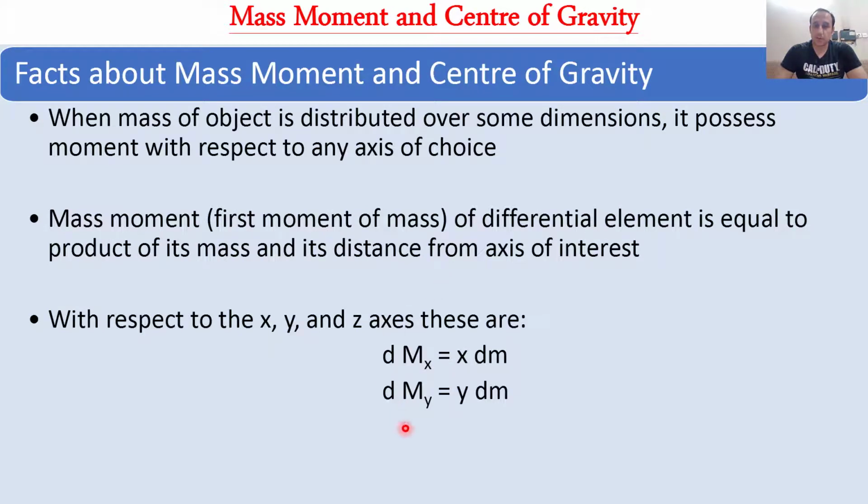If we talk about the y-axis, we take the distance along the y-axis and multiply it with the differential mass. For the mass moment along the z-axis, we multiply the distance along the z-axis with dm, the differential mass.